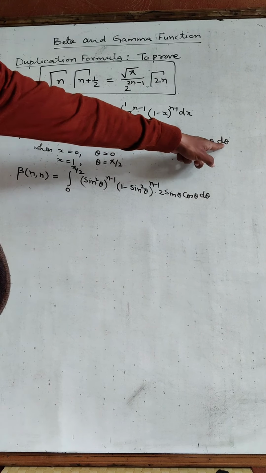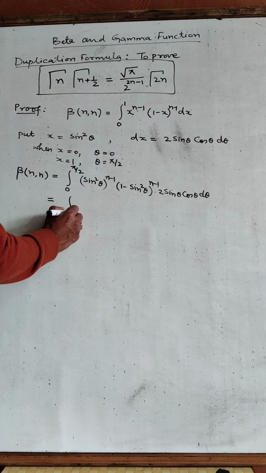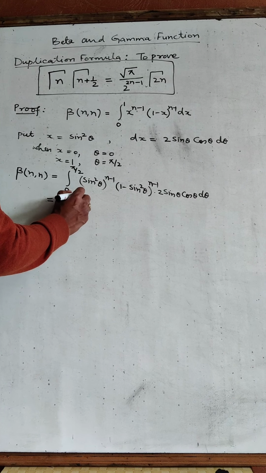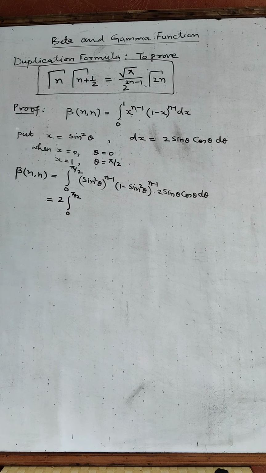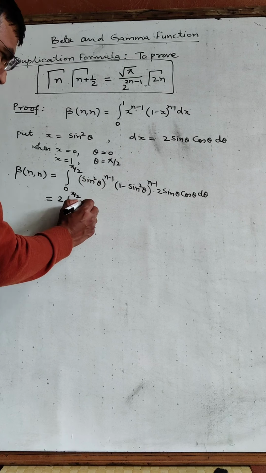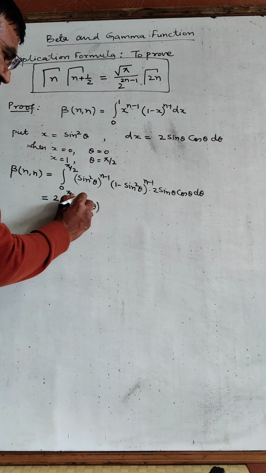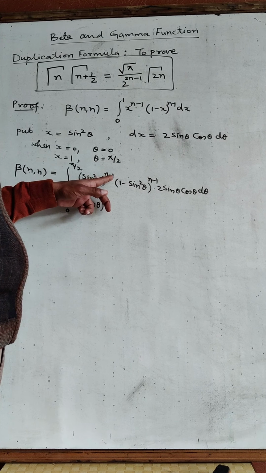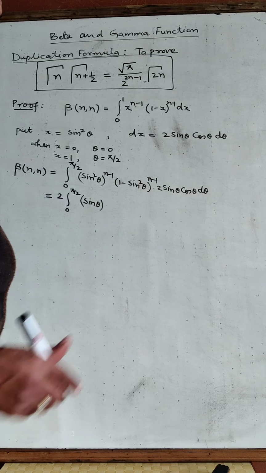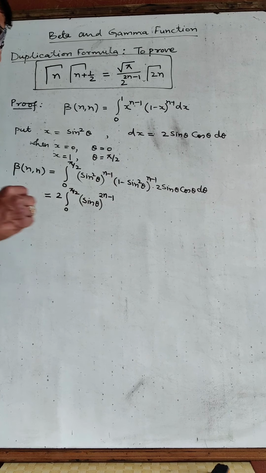So if we simplify it, it would become the integral from 0 to pi by 2. 2 is a constant, it will come outside. It will become sine theta raised to the power, look from here, 2n minus 2 and 1 more power is here, so it will become 2n minus 1.